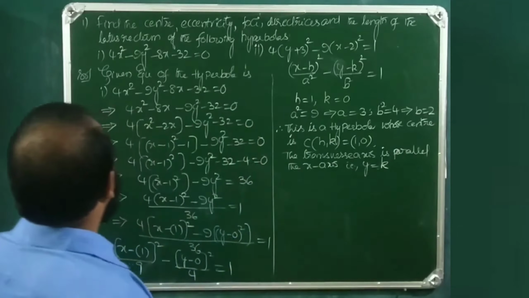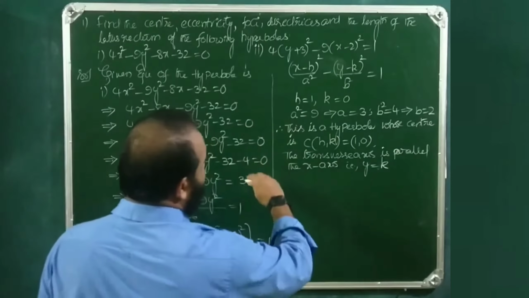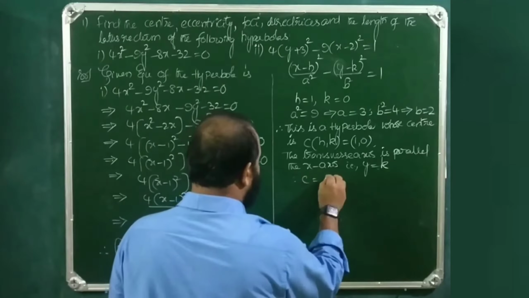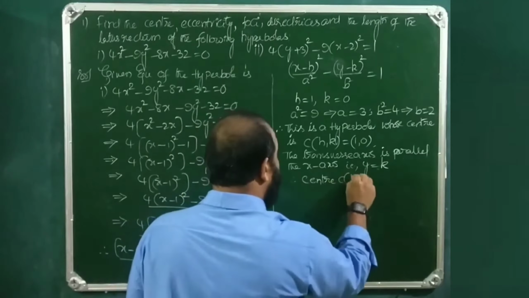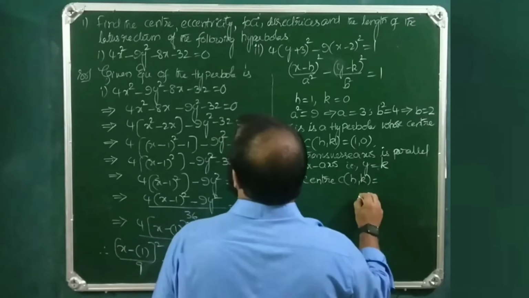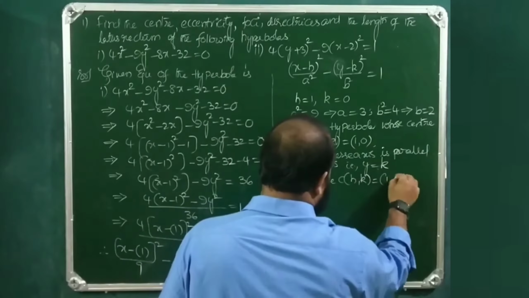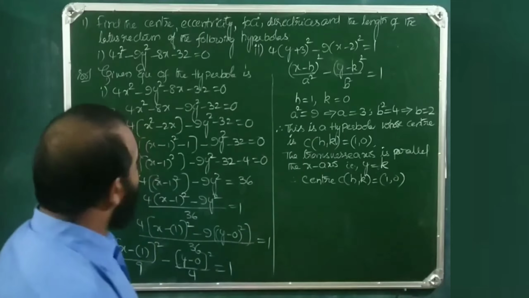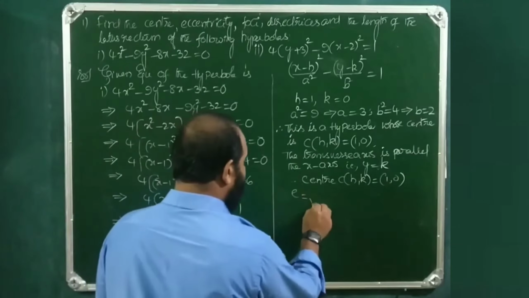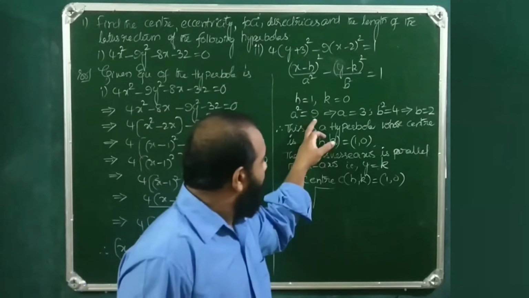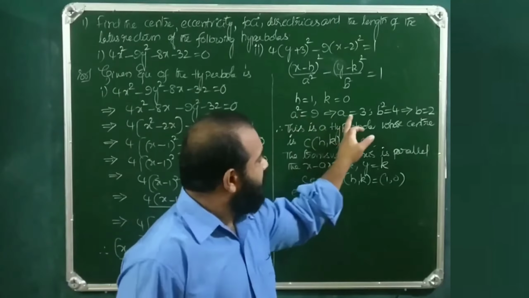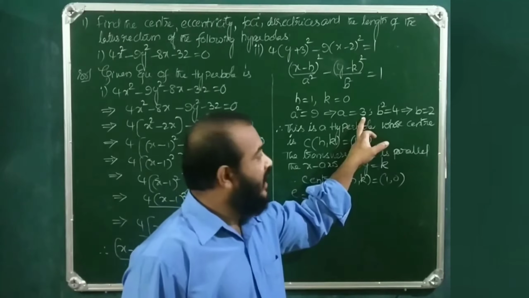Now, what do we require here? Center we already got. Therefore, center C(h, k) equals (1, 0). Eccentricity e equals, here a is greater than b.